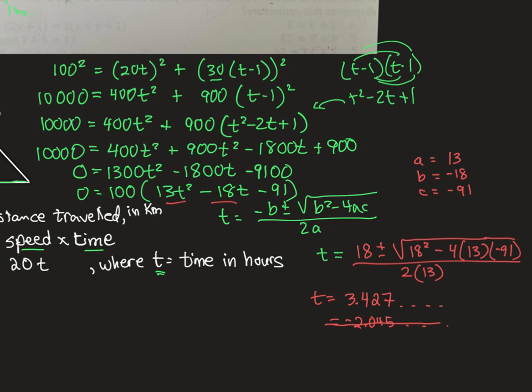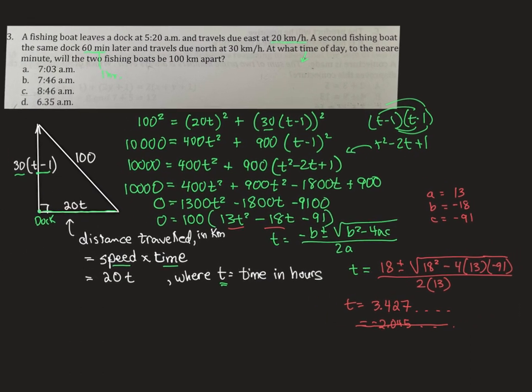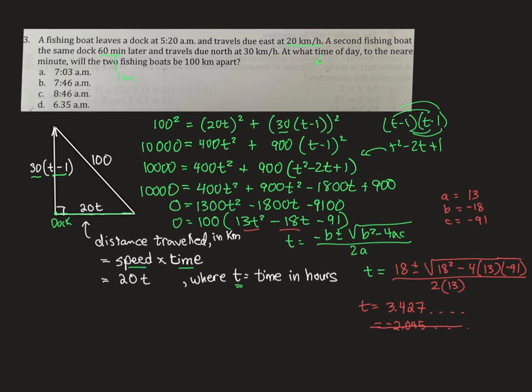And we're going to take a closer look at 3.427. Now, that was 3.427 hours, and that means 3.427 hours added to 5:20 a.m. It depends on how you want to do this. We'd change 5:20 into hours by taking the 20 and dividing by 60, so we get what part of an hour?